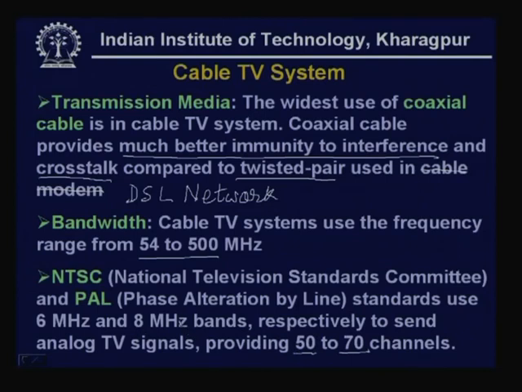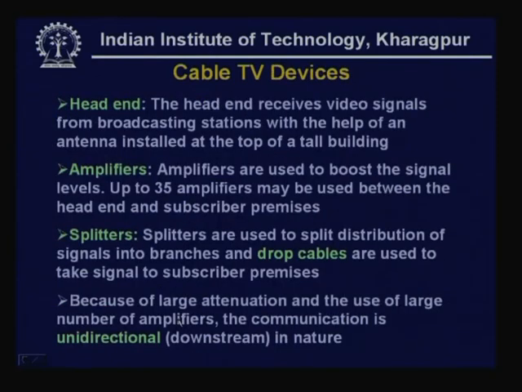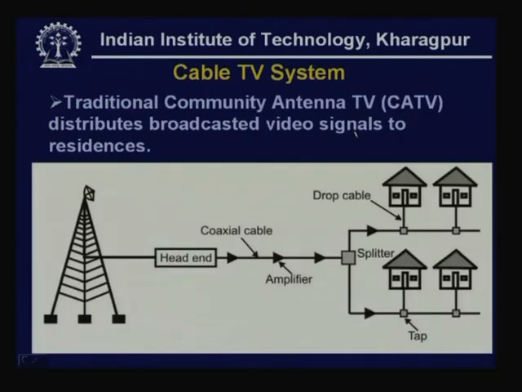So, these are the two popular standards, and as you have seen in the diagram, there are three important devices used in cable TV. The first one is the head end. The head end receives the video signals from the broadcasting stations with the help of an antenna installed at the top of a tall building. As you have seen in this diagram, here I have shown a tower.